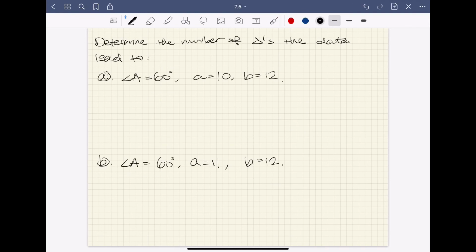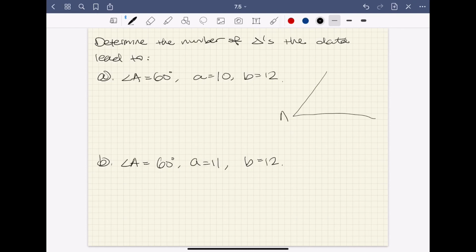All right, let's do an example together. So the question asks you to determine the number of triangles that the data lead to. So the first question is that angle A is equal to 60 degrees, side A is equal to 10, and side B is 12. Drawing a diagram usually helps. So in this example, I'm going to draw a diagram first.